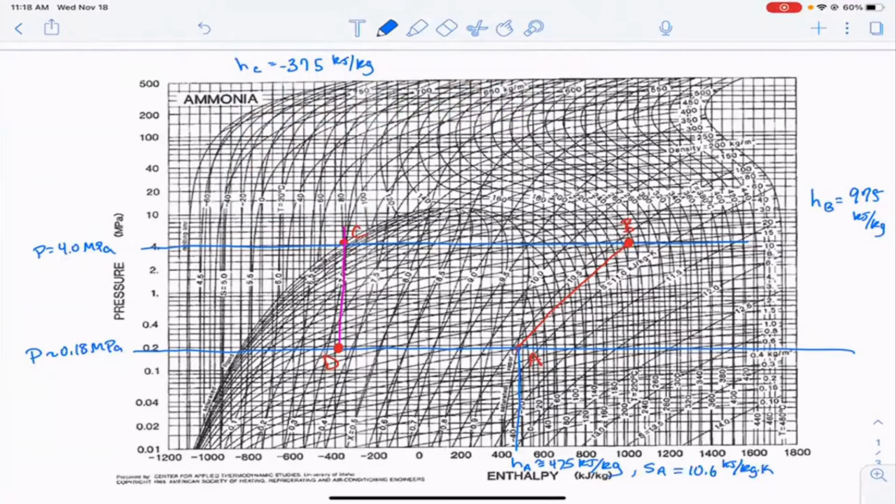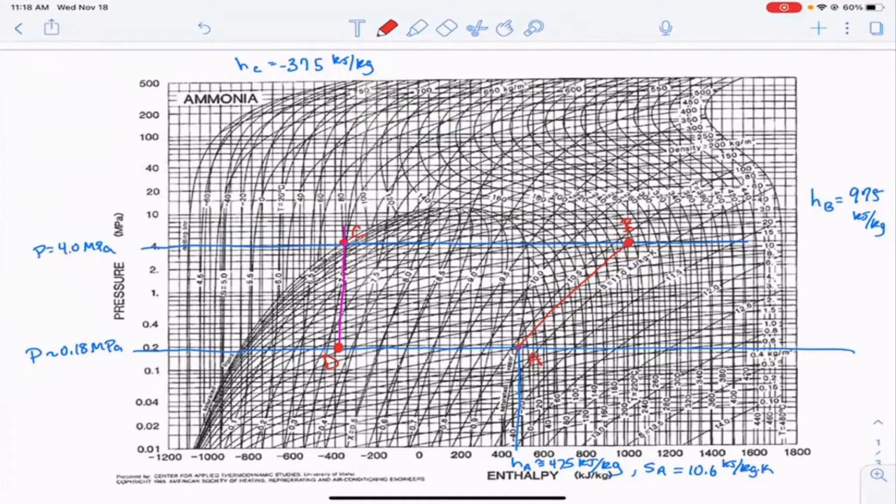Now, before we do any more calculations, does anybody have any question about how I use the diagram? To find B, you follow the constant entropy? Correct. And you'll notice the constant entropy lines are sort of curved, right? So you'll have to make an estimate. Here, that was about 10.6 at the bottom down there. And so all I did up here was try to get to a point where it was about a fifth of the way between the 10.5 and 11.0 line, okay?